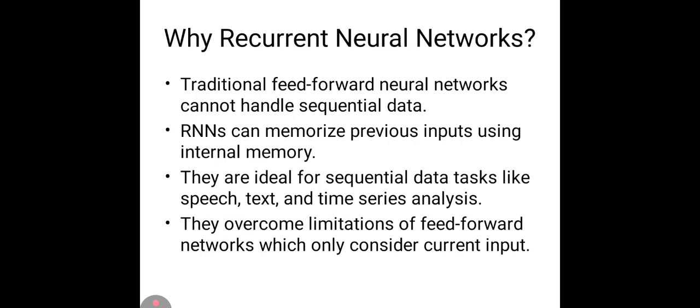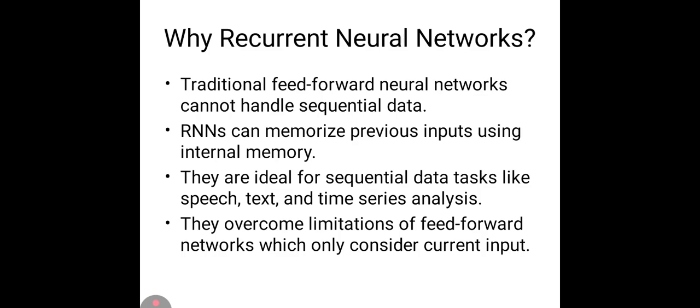So why recurrent neural networks? Why do we need RNN when we already have a feed-forward neural network? The feed-forward neural network only looks at the current input. It cannot remember what happened in the previous step. But many real-world tasks depend on context. For example, when we are reading a sentence, the meaning of a word often depends on the previous words.